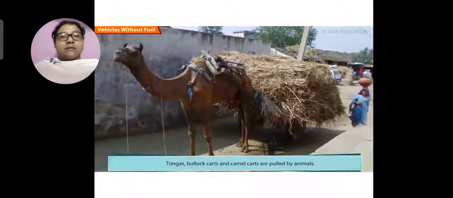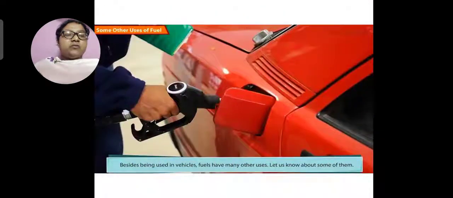These are pulled by animals, which requires animal force to move from one place to another. Without any fuel we can move from one place to another through these vehicles.